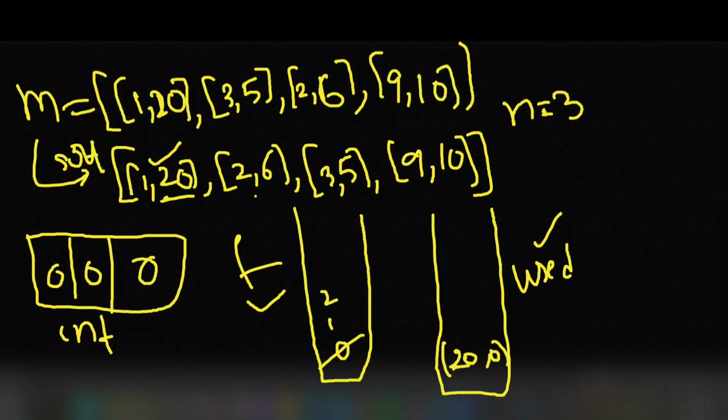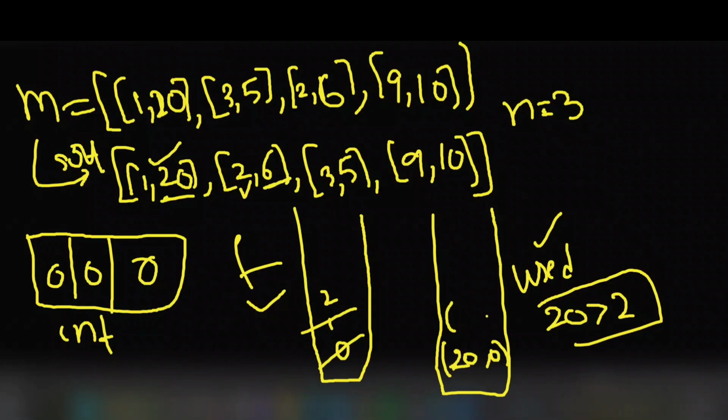Now for the next meeting we see that used is not empty and free is also not empty. As used is not empty, we compare: is this start time less than 20? It is greater than 20, right? So we can't add this meeting into the zeroth room, so we use the first room and add the end time of the second meeting as 6 comma 1, and since we have engaged the first room, increment its count by 1. Now let's take the next meeting.